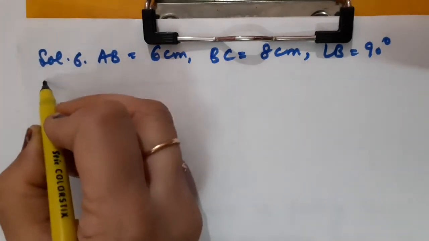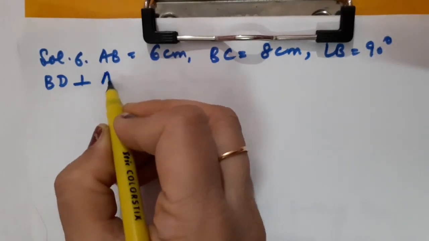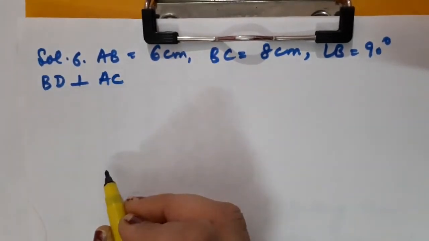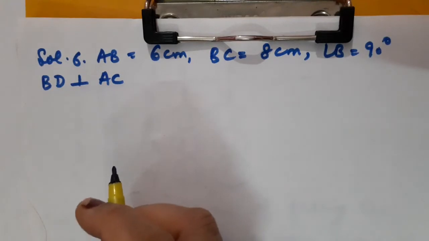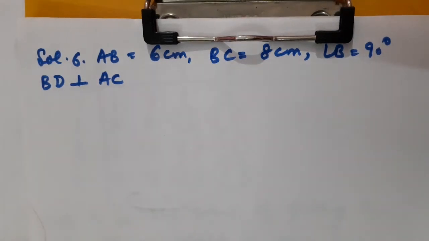Fine. And BD is perpendicular on side AC from point B. Then through B, C and D we are supposed to draw one circle, and we are supposed to draw the tangent from the external point A to the same circle.